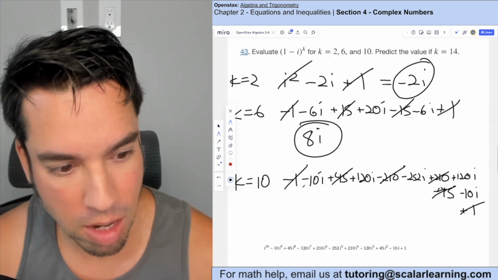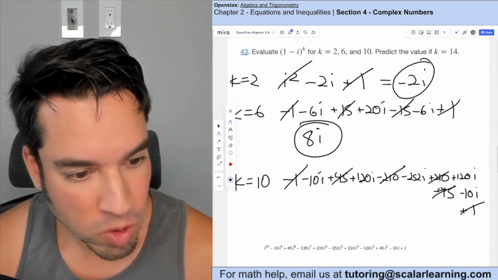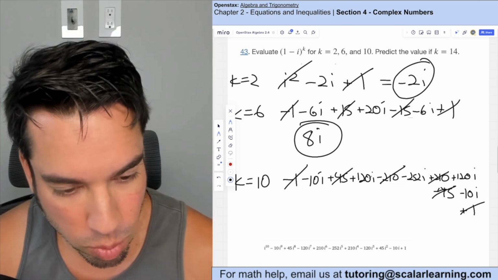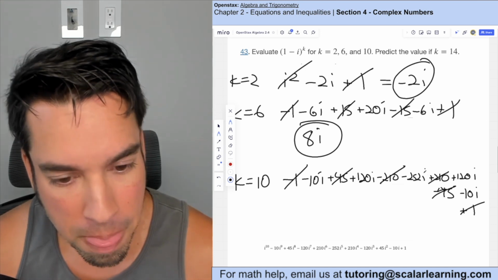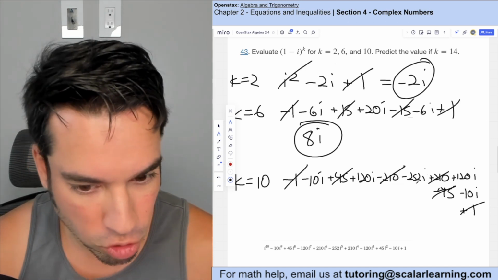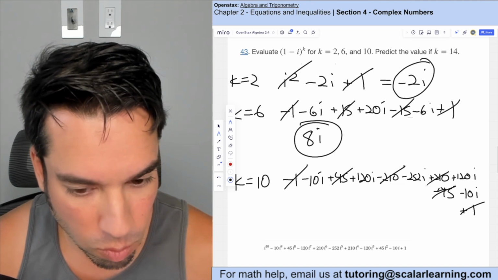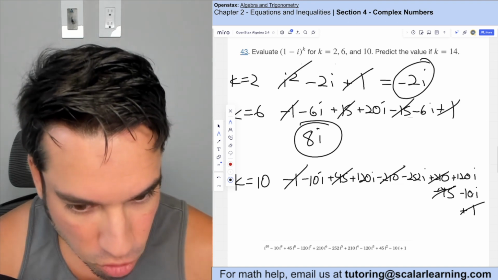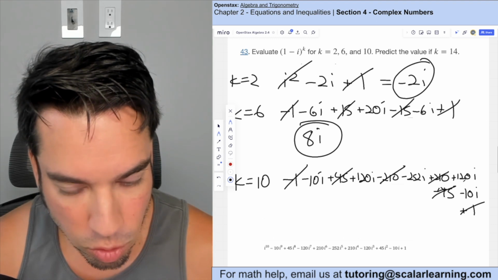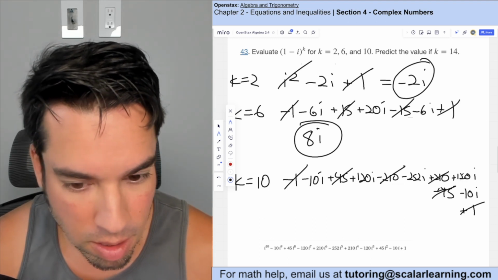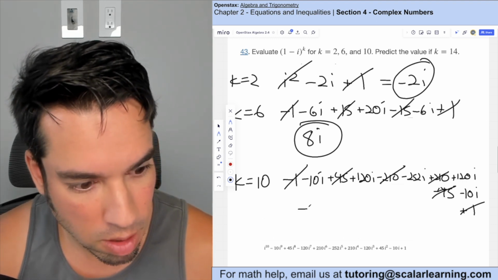So it's true, we're down to just i values. We got negative 10i plus 120i is 110i, minus 252i is negative 142i, and then minus 10i is negative 152i. Plus 120i, that's negative 32i.